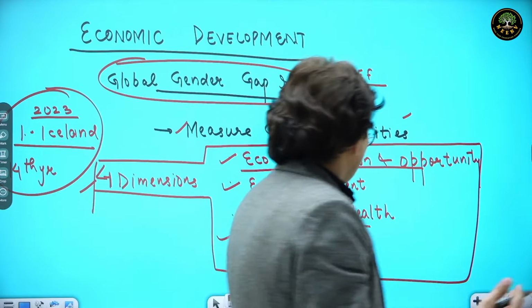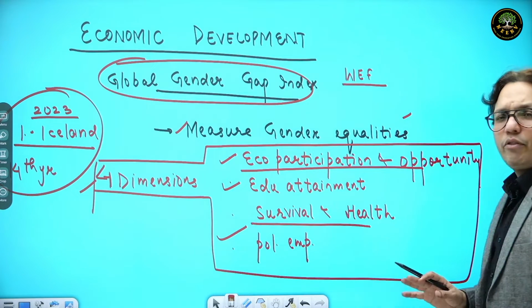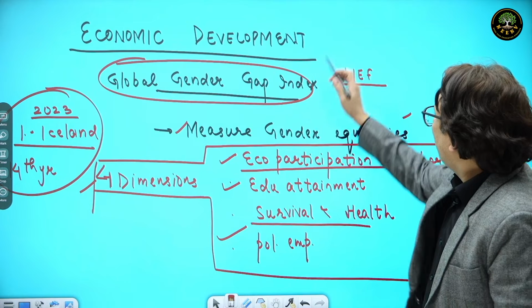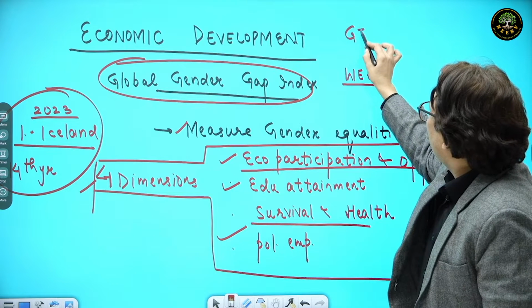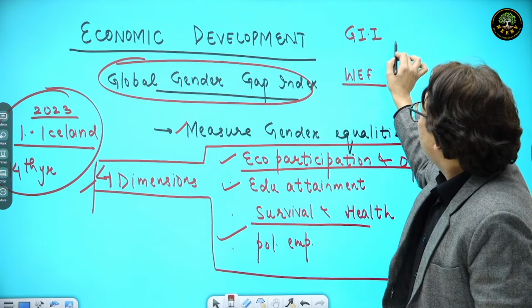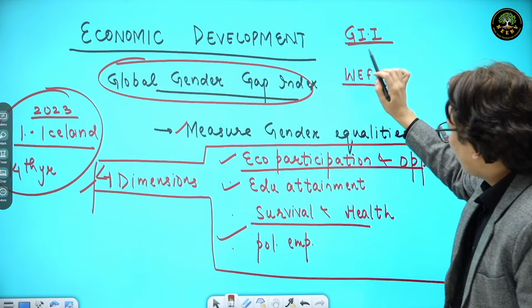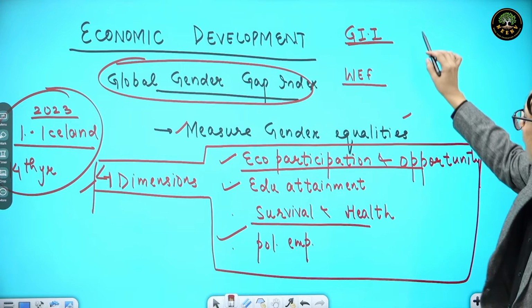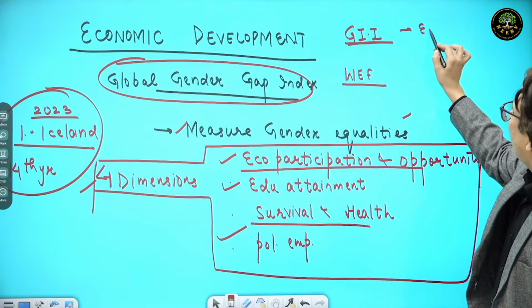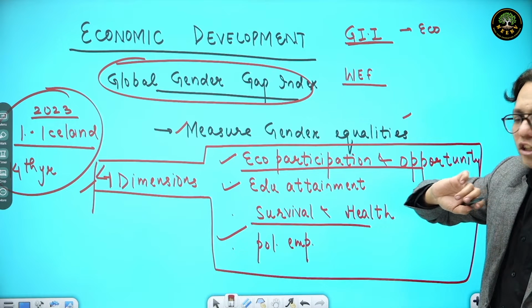So, don't you think you have seen similar things somewhere else? Gender inequality index. Gender inequality index, it also has almost the same parameters. It has the economic participation measured by labor force participation rate.